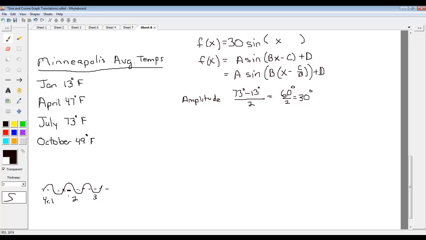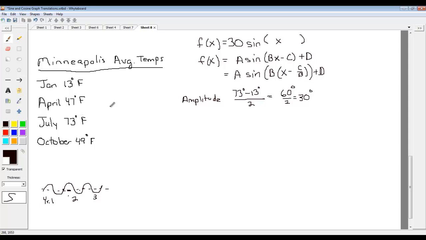Okay, next, let's see here. Do we have a shift up or down? This is not centered at y equals 0, because our temperatures are things like 13 and 73 and so forth.